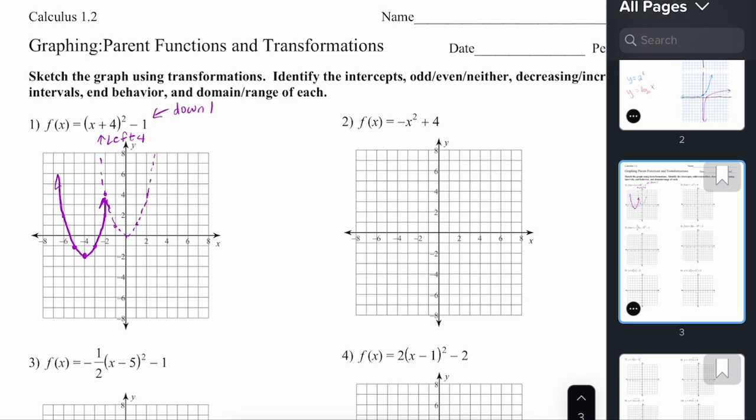So the intercepts. If you set this equal to 0, you're going to find the x-intercepts. Remember, where the function equals 0 is the x-intercepts.